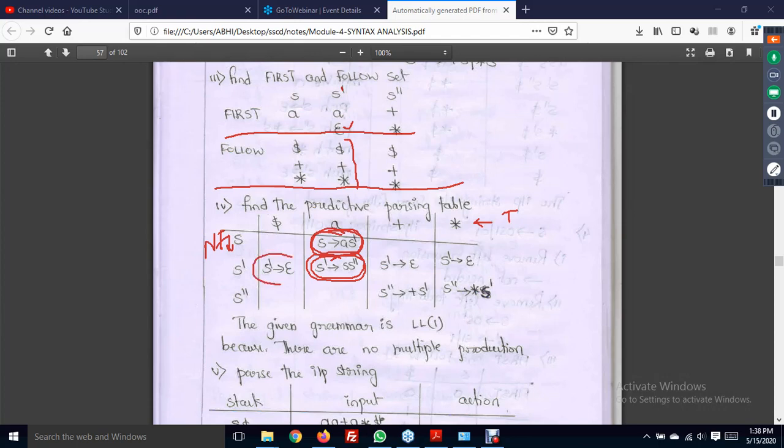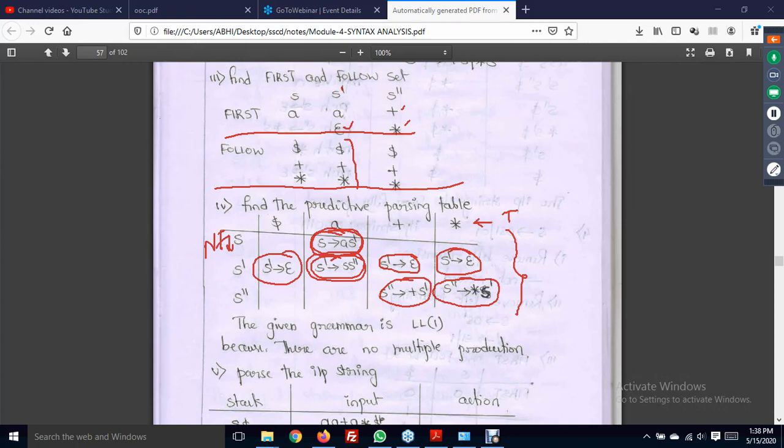So dollar, plus and star. Alright, so again S double dash is plus and star, so plus and star will have the production related to S double dash. Alright, so here the grammar is LL(1).